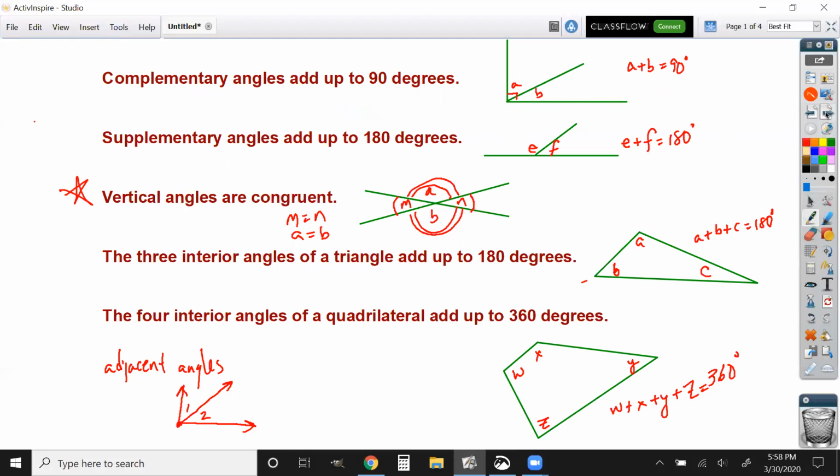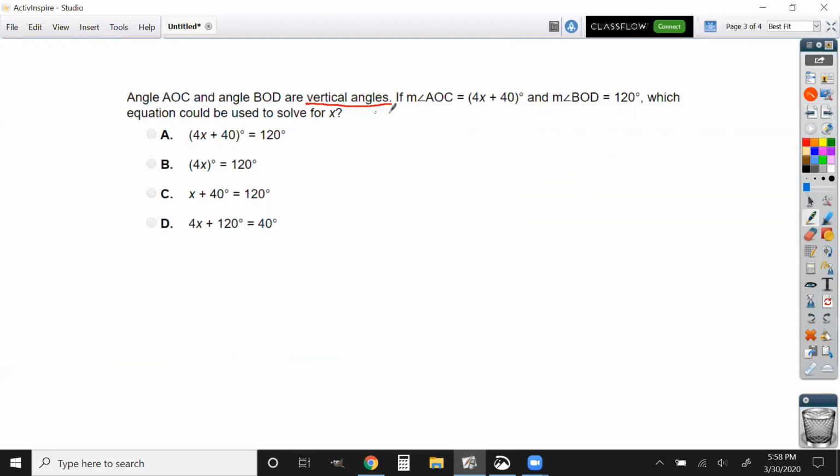Vertical angles are equal or congruent. So I'm going to take the measure of this angle and make it equal the measure of this angle. So we're going to write an equation, 4x plus 40 equals 120 degrees. Which equation could be used to solve for x? Well, that would have to be this one.